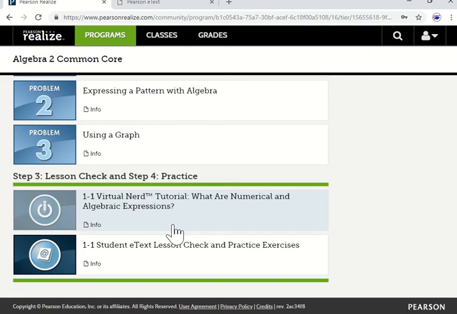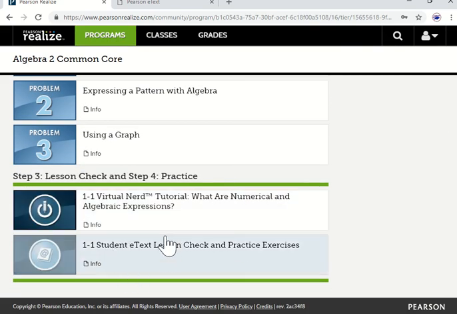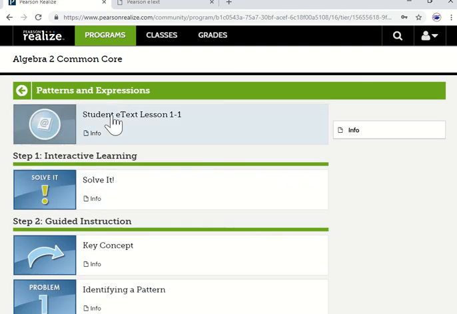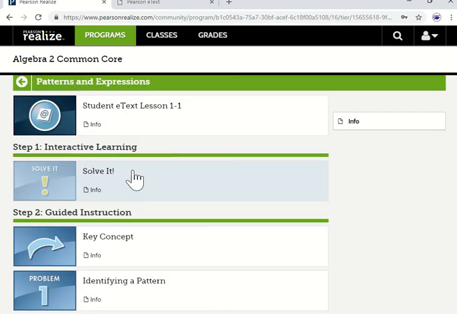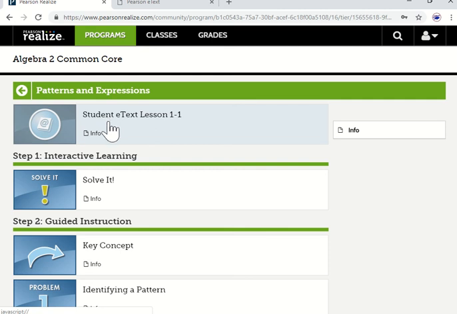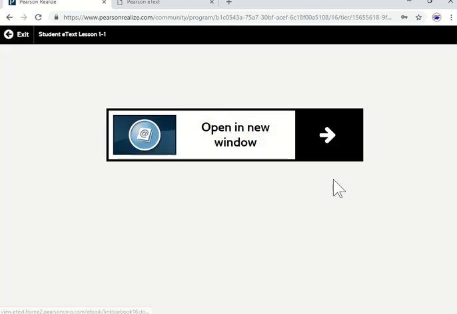And yeah, so again, you'll have homework, which you can find, I guess, here or up here. Student e-text lesson 1. Or actually, just one more final thing. This is maybe the entire section 1.1 with all the reading included.